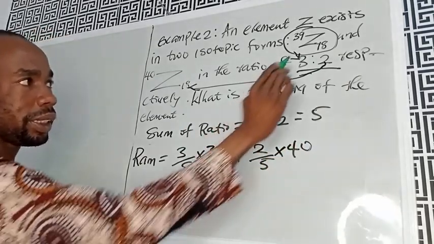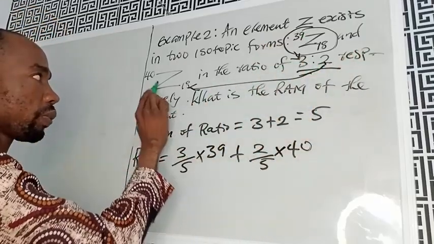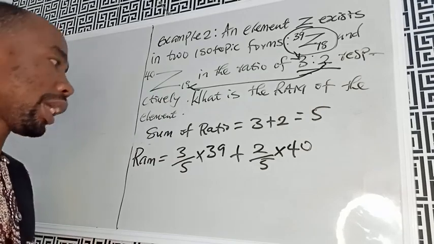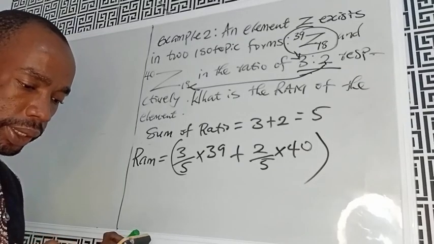Remember they said this ratio respectively, so this 3 is for the first one and this 2 is for the second isotope.